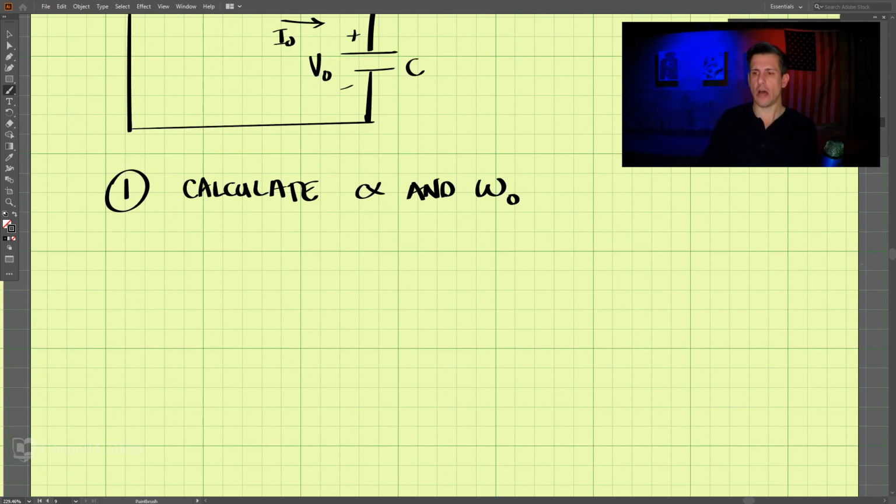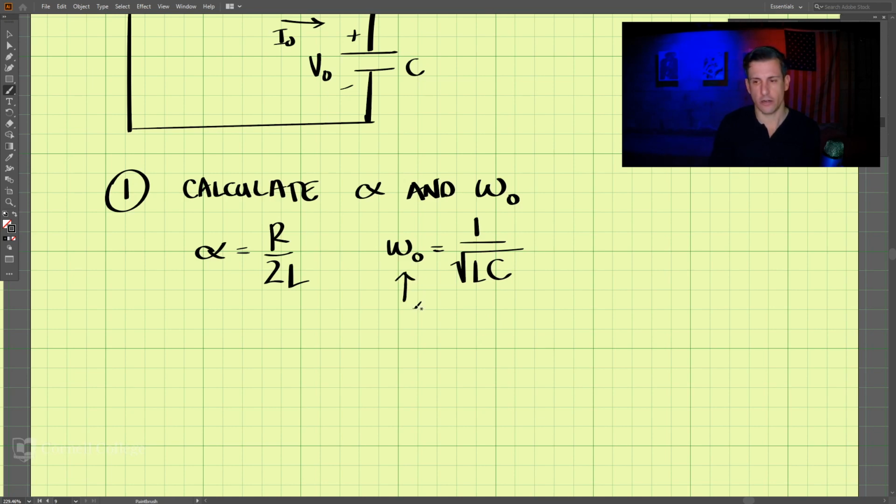And how do we calculate those? Well, alpha is equal to R over 2L. And omega naught is equal to 1 divided by the square root of L times C. And this here is what we call the resonant frequency.